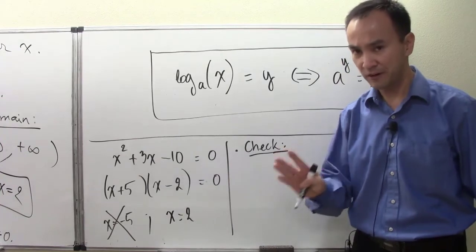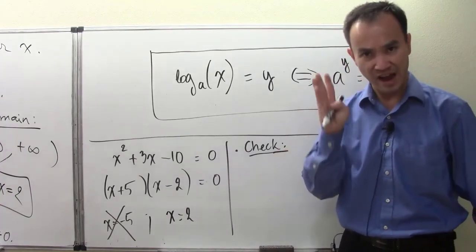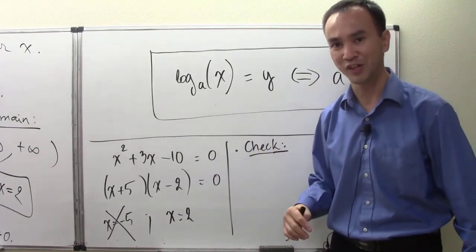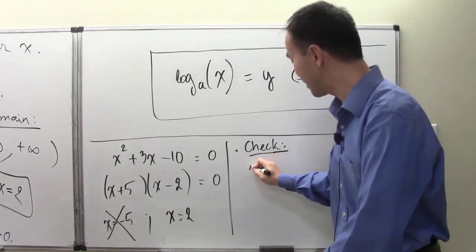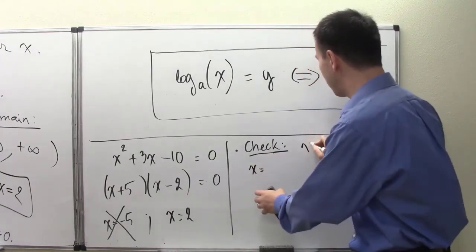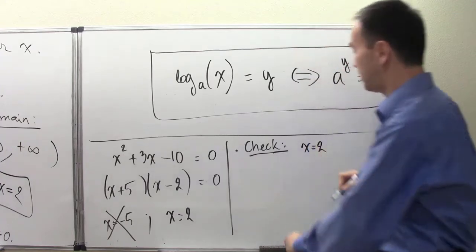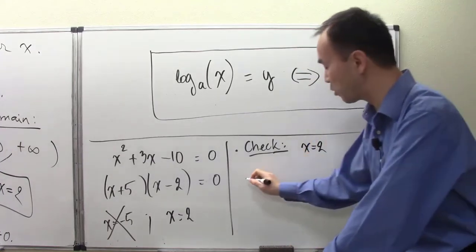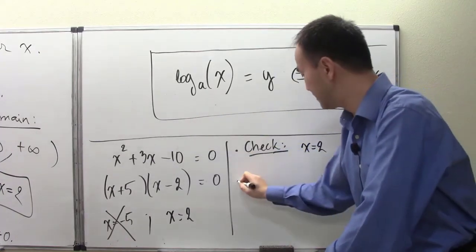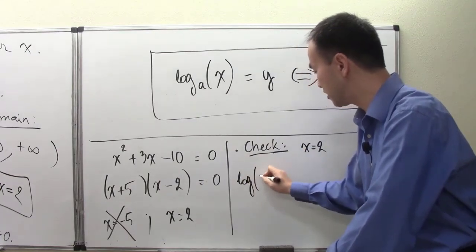So don't be afraid of checking all of your tentative solutions. When x equals 2, let me write it up here, x equals 2. Substituting this into the original equation, log base 10 of x becomes log base 10 of 2.